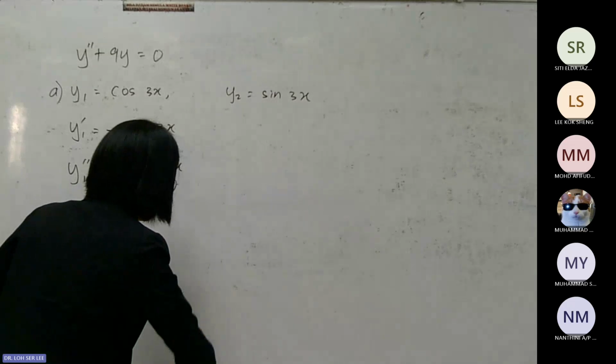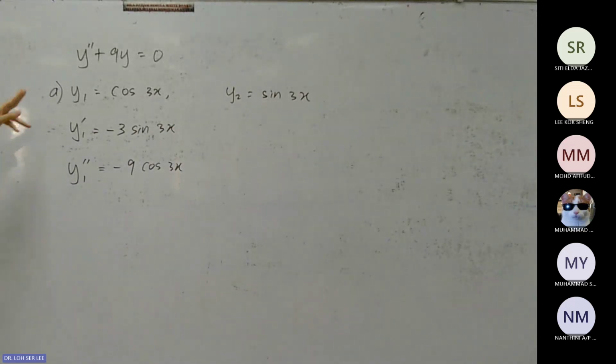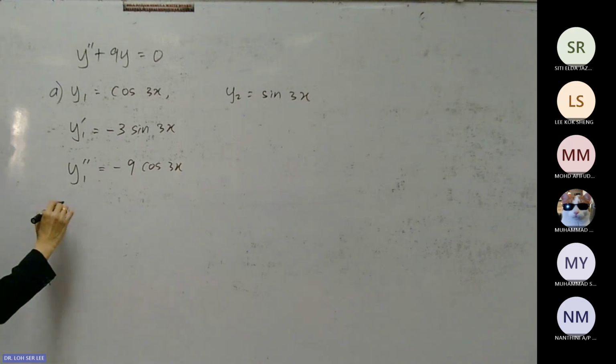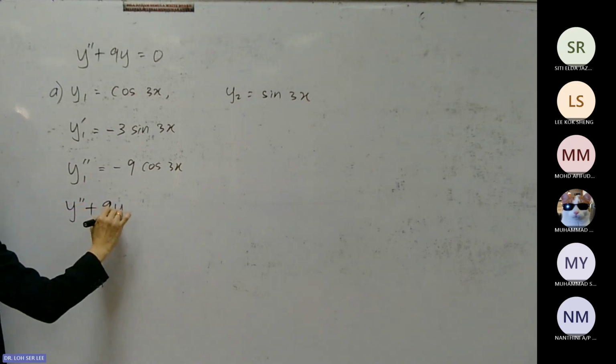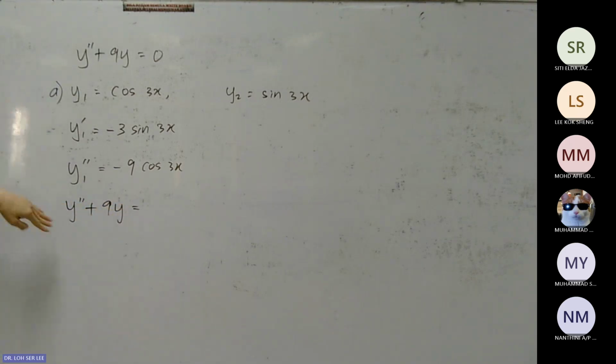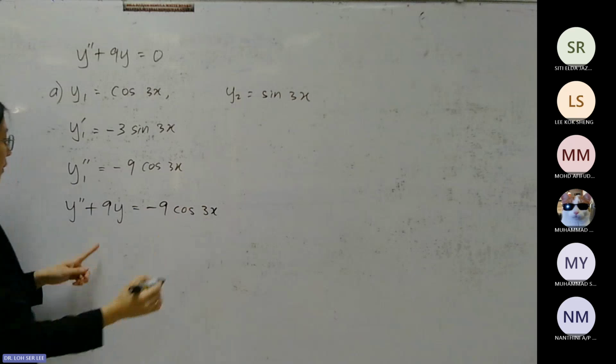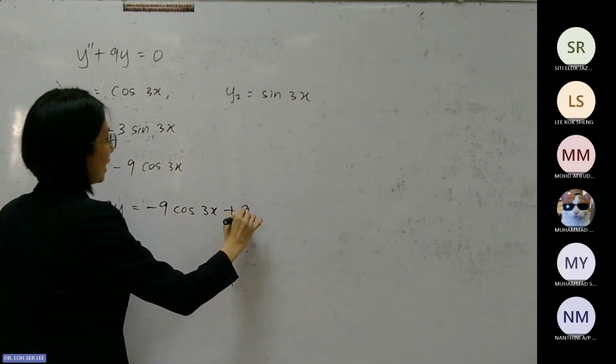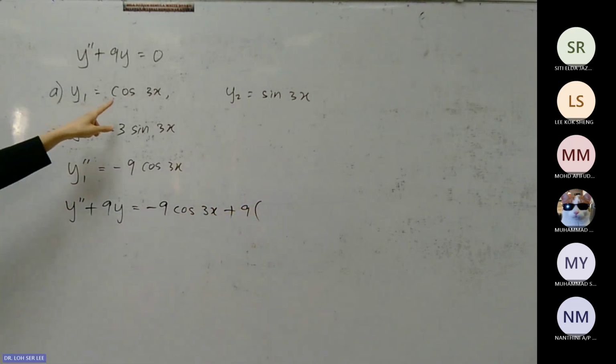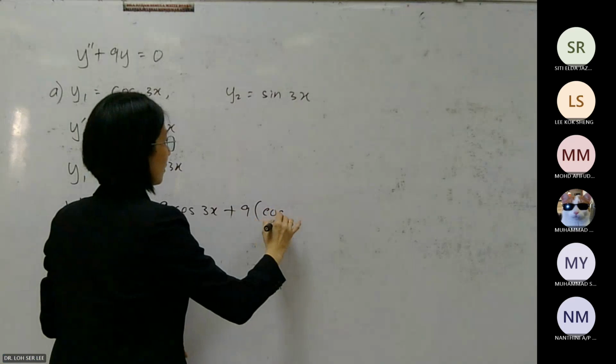Then we write the left-hand side of the differential equation, and we start to substitute. y double prime is this one, plus 9 times y, which is cos 3x.